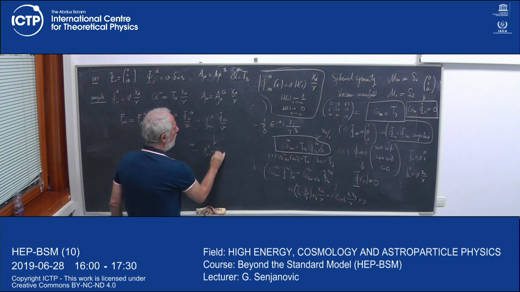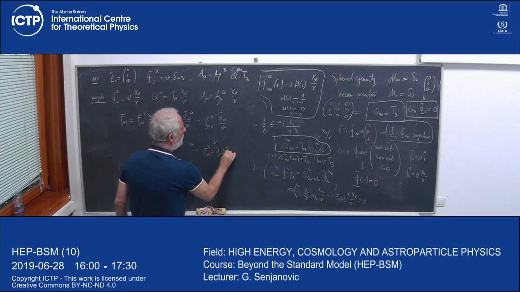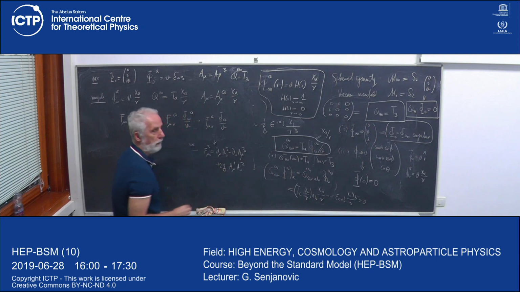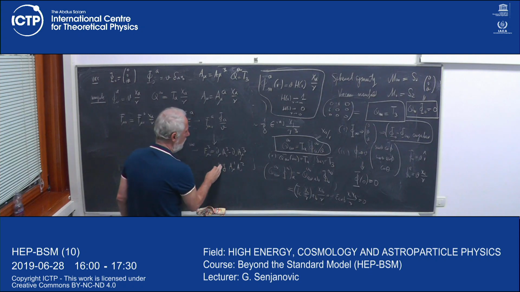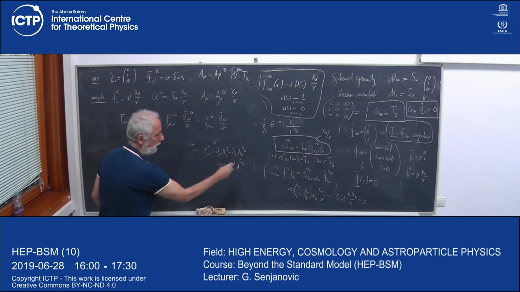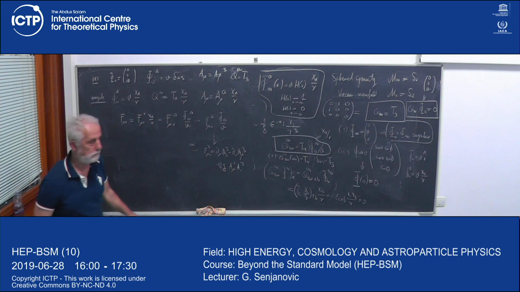But F mu nu 3 is d mu a mu 3 minus d mu a mu 3 plus g a mu 1 a mu 2 minus, probably with a factor of, there is epsilon, right? Probably a factor of 2 here, I don't know, doesn't matter.